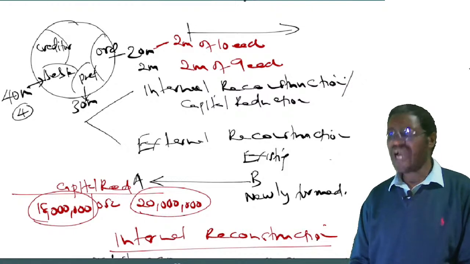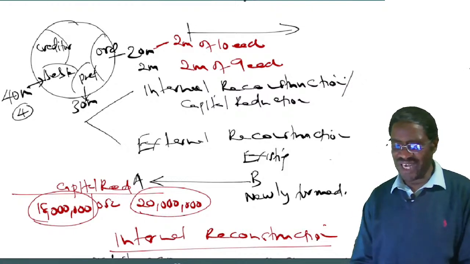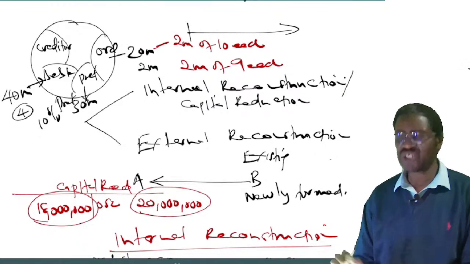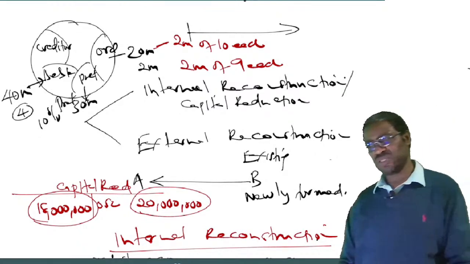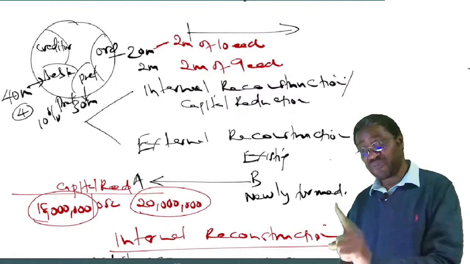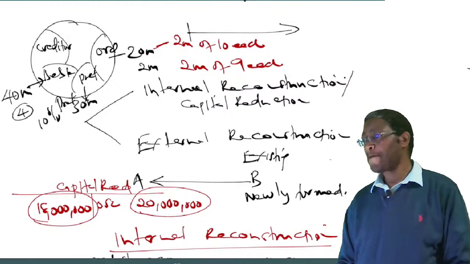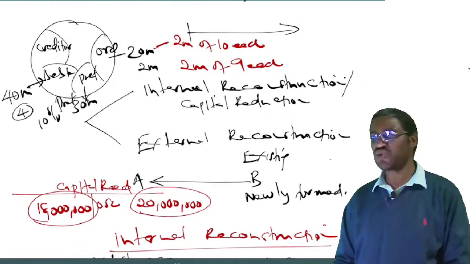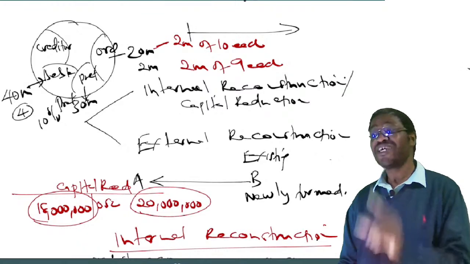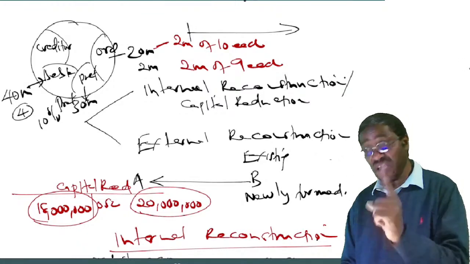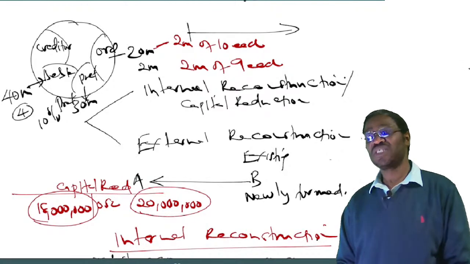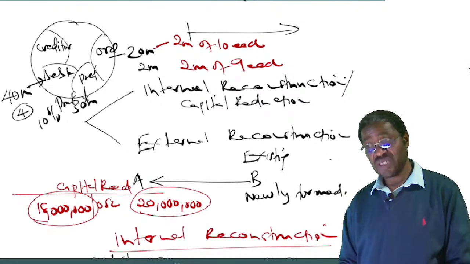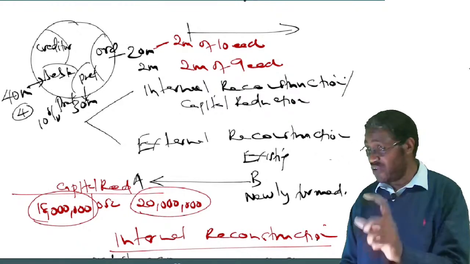Maybe as a company, we have a 10% preference share capital of 30 million. It is obvious we are supposed to pay these preference shareholders their dividend every year. How much? 10% of 30 million is 3 million. So that's what I'm supposed to pay them every year.